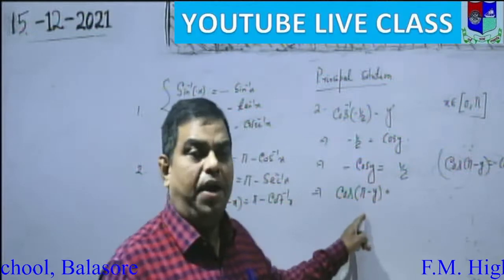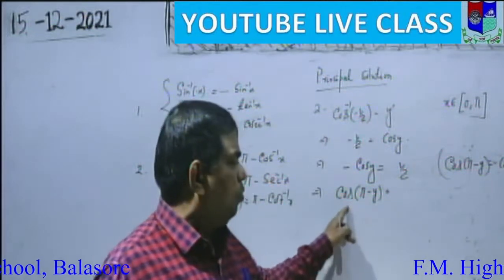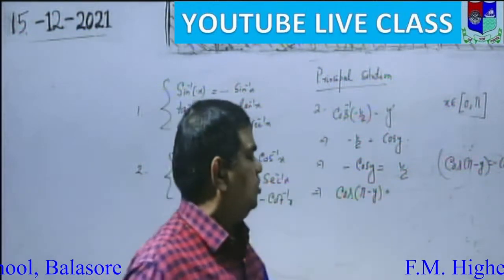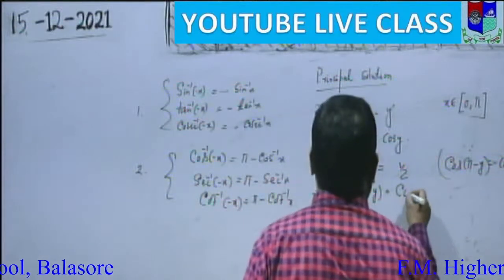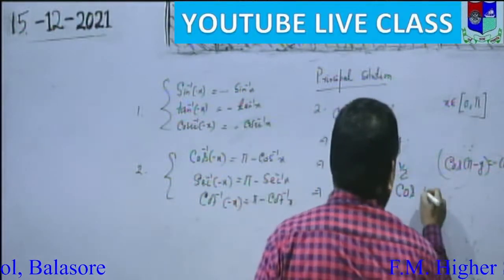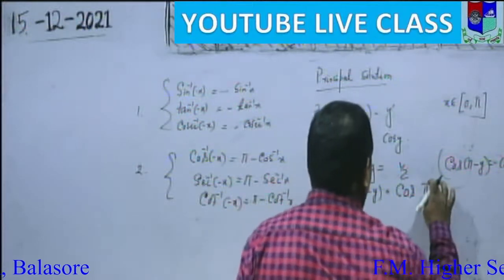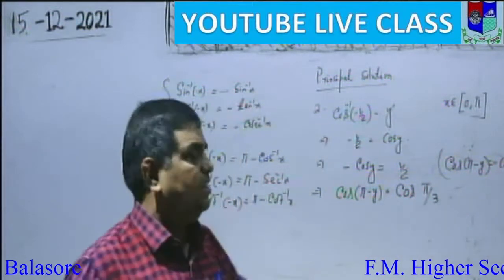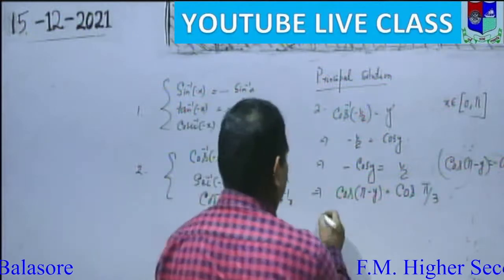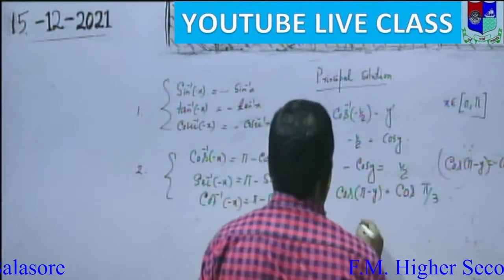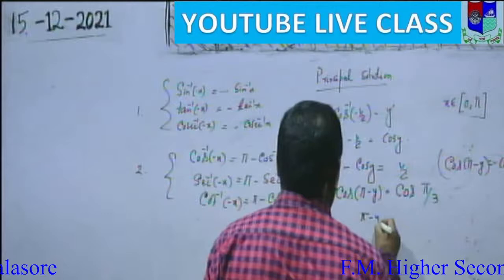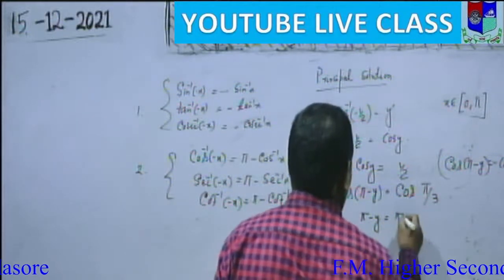From the trigonometric table, we conclude cos of pi minus y is equal to cos of 60 degree, pi by 3. Pi is 180, divided by 3 is 60 degree. Now this implies pi minus y is equal to pi by 3.